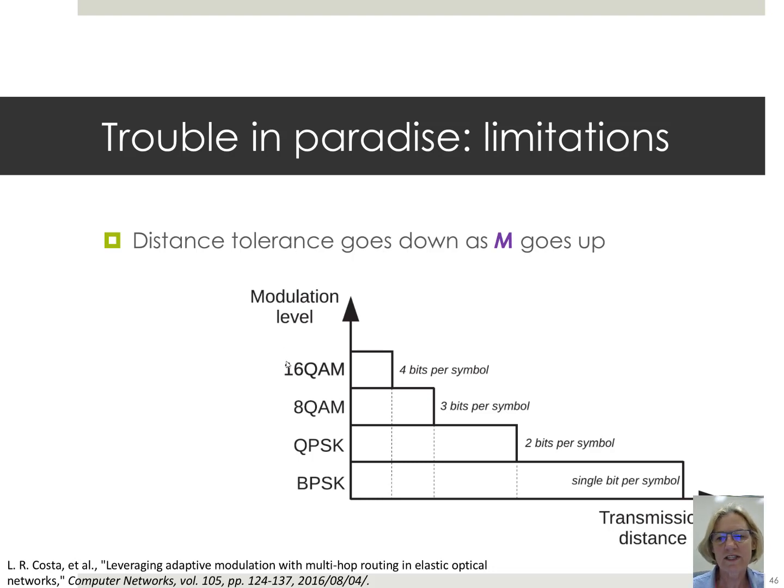As I try to send more bits per symbol, if I go from BPSK where I send a single bit per symbol up to 16 QAM where I'm sending 4 bits per symbol, the distance that I can traverse to have the same quality of transmission is much greater in BPSK and gets much, much smaller. It's a nonlinear scale on the effect on system performance as M goes up.